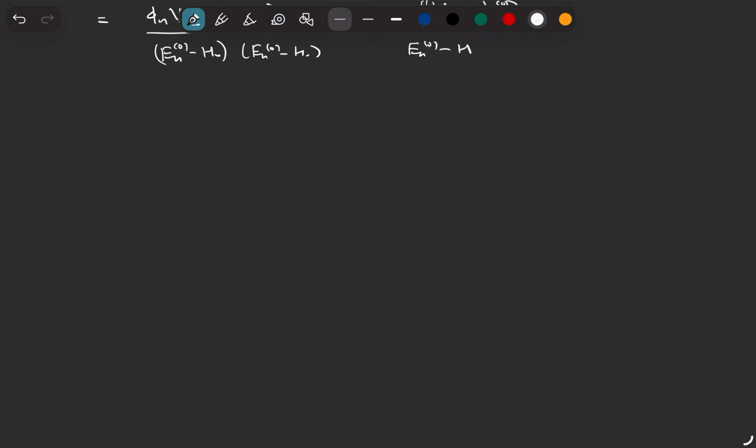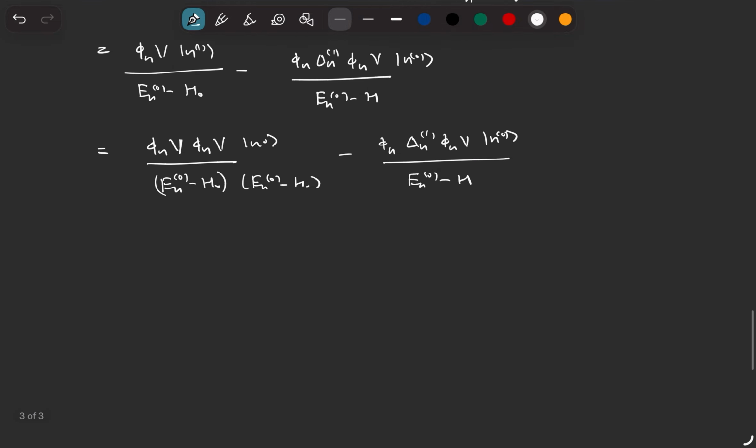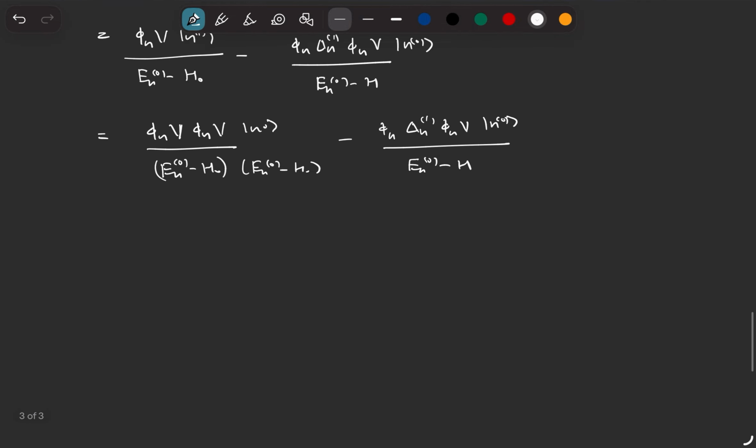Okay, great. Now let's look at how to explicitly write the energy shift.